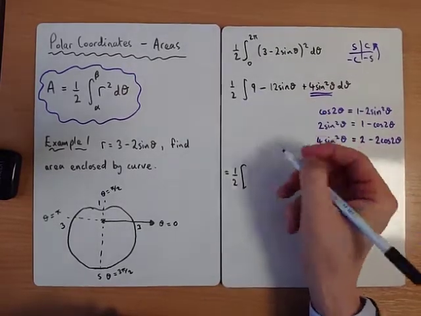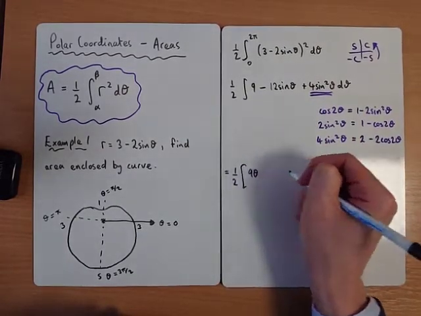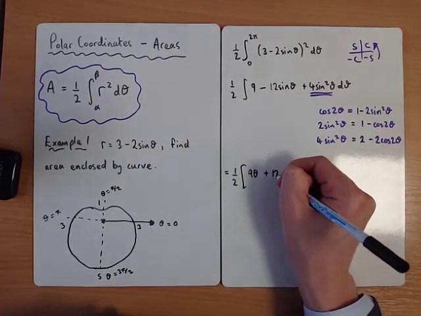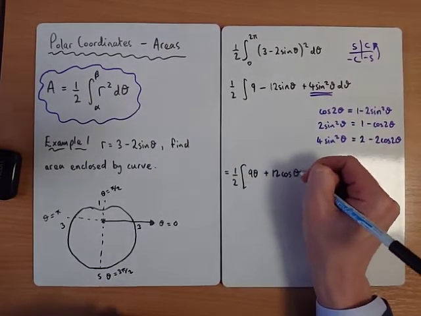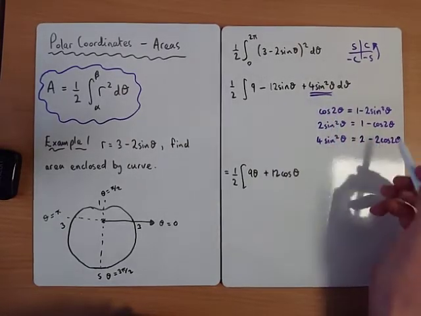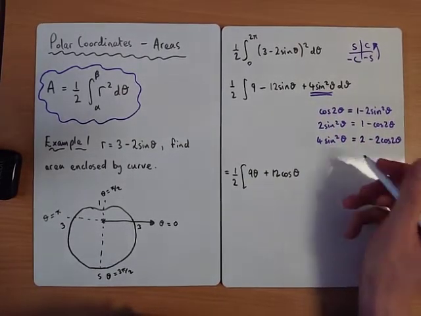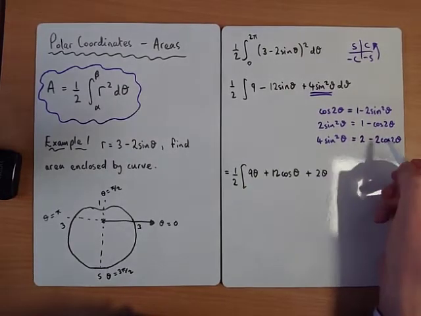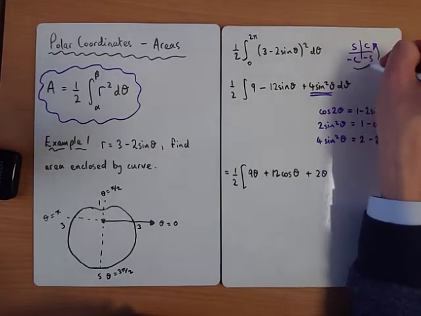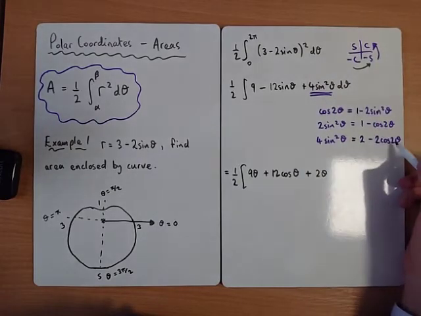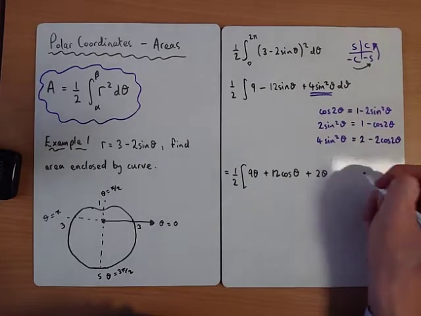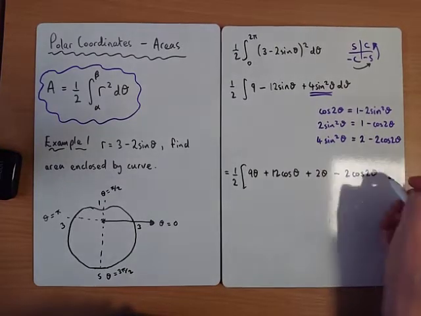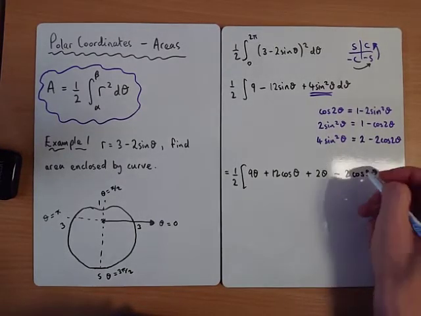So if we integrate 9 with respect to theta, we get 9 theta. Minus 12 sine would become plus 12 cos theta. 4 sine squared would be 2 theta, minus cos would go to minus sine. But don't forget, because it's cos 2 theta, we divide by 2.